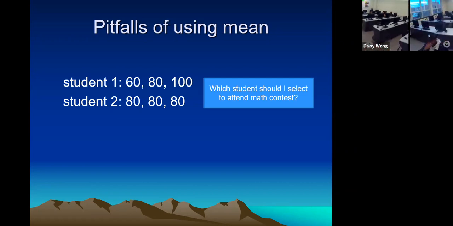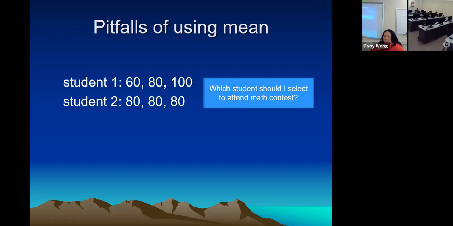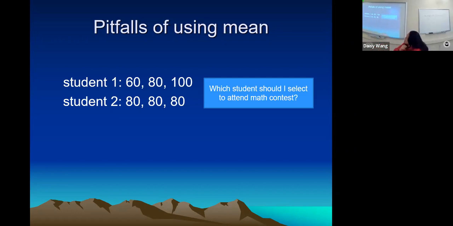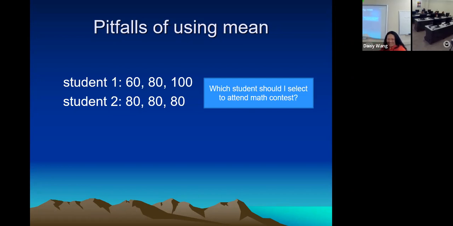They have more consistency in their grades. Yes, consistency. So it's probably safer to say I can know for sure this second student will probably get 80. But if I'm a risk taker, or if I'm gambling, it could be worse, right?